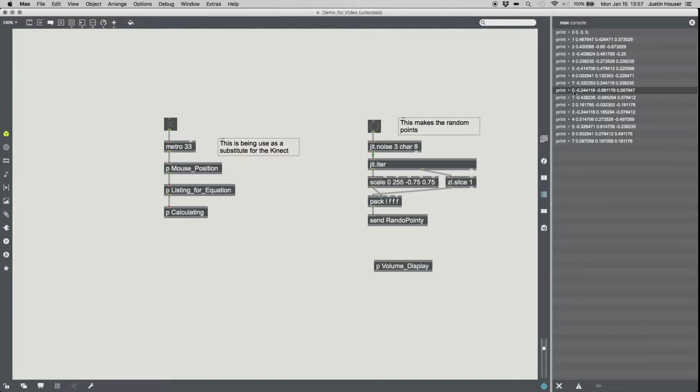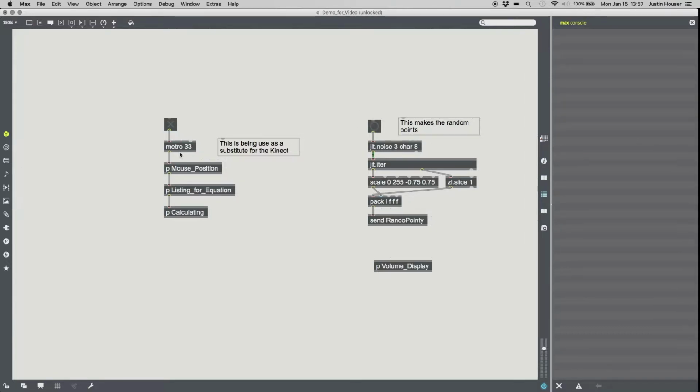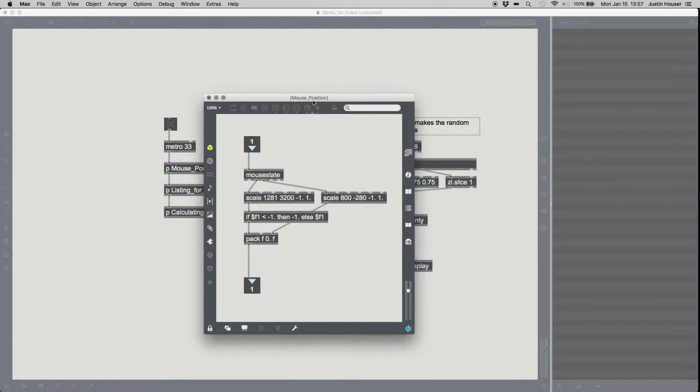Moving on from that, what we're going to look at is in here. This is effectively turning the mouse into the physical user that we would be seeing with the Kinect. I didn't want to run the Kinect for this because it's easier to show you using something like this.